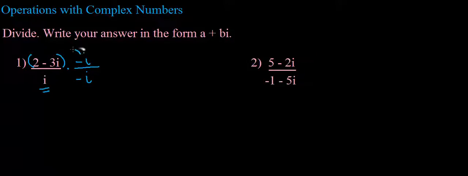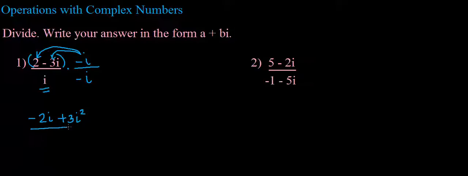So negative i times 2, that's going to equal negative 2i. And negative i times negative 3i, that's going to be positive 3, and remember, i times i is i squared.